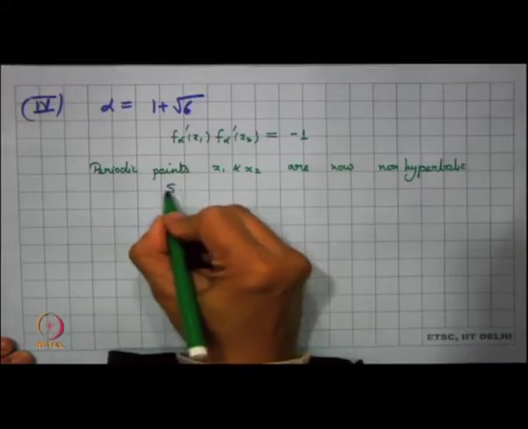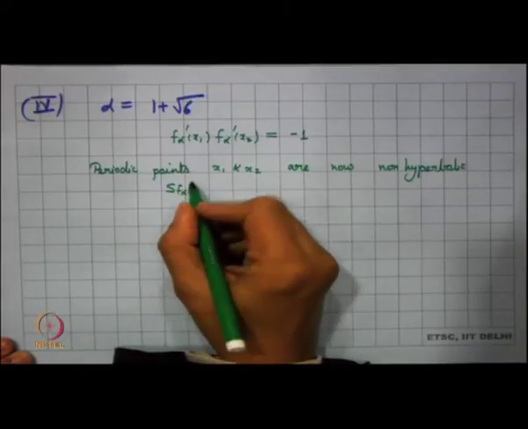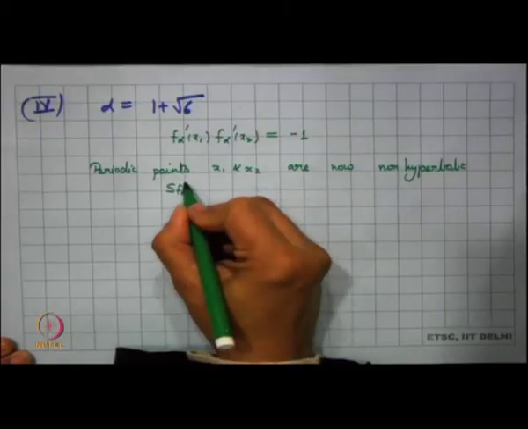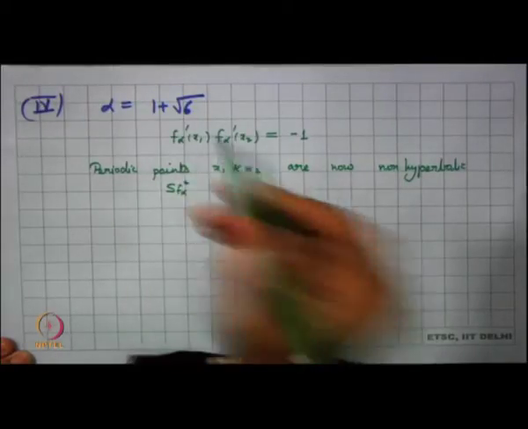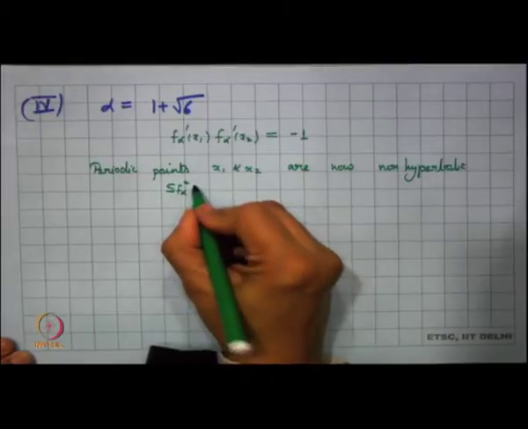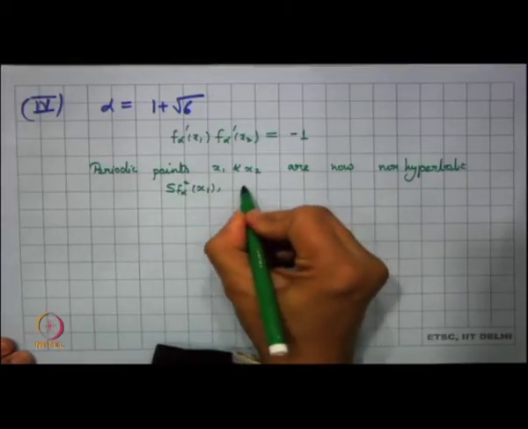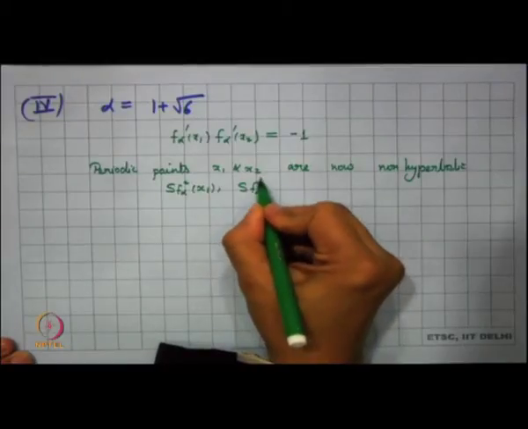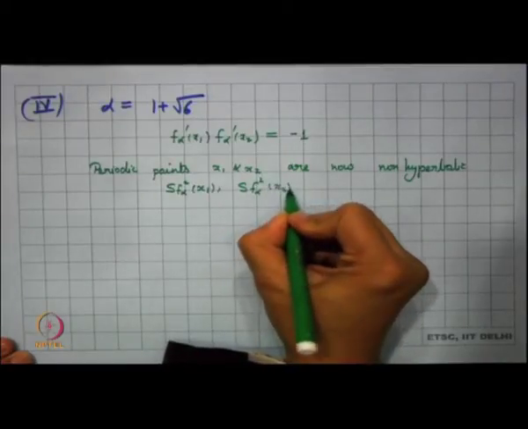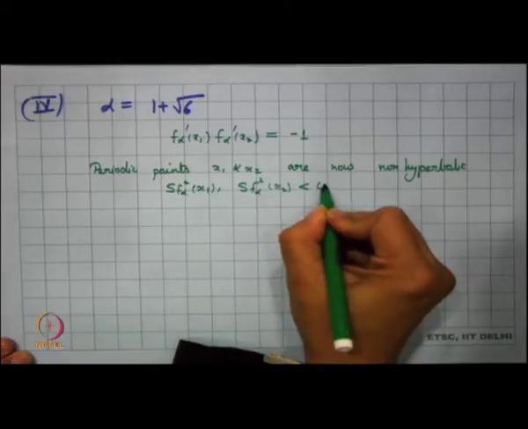What is the quotient derivative of f alpha at this point x1? Of course, we want f alpha square. So, this quotient derivative at x1, and if we look at the quotient derivative of f alpha square at x2, we again find that this is less than 0.